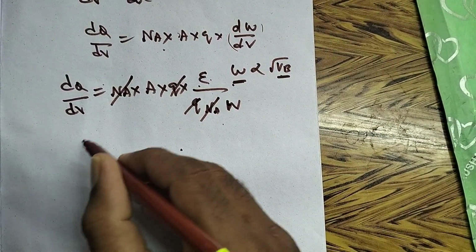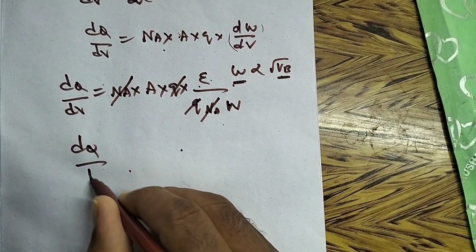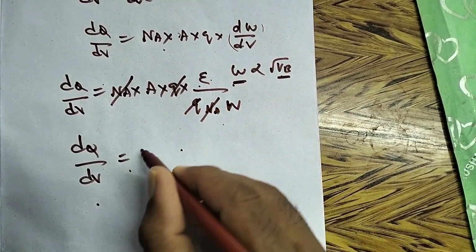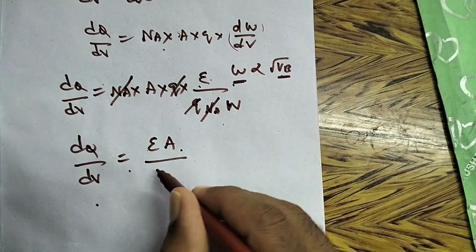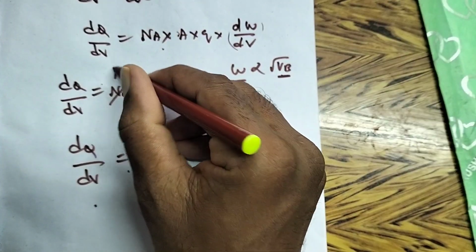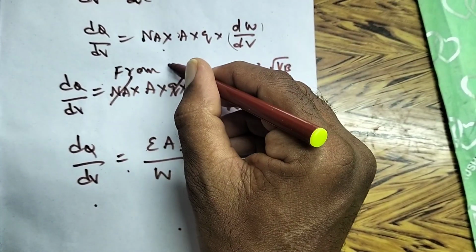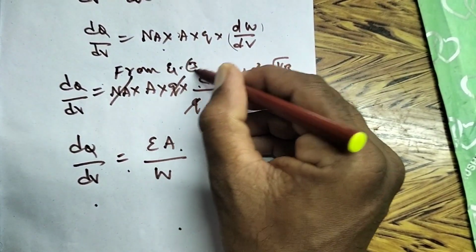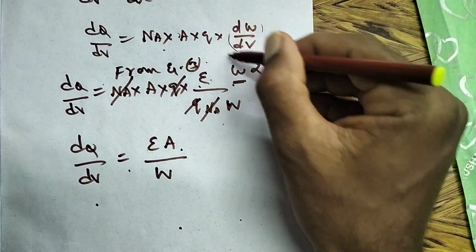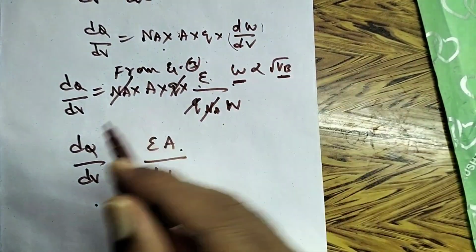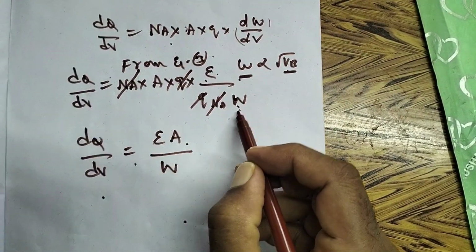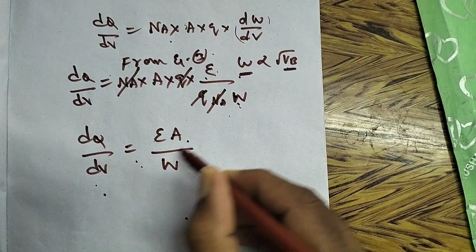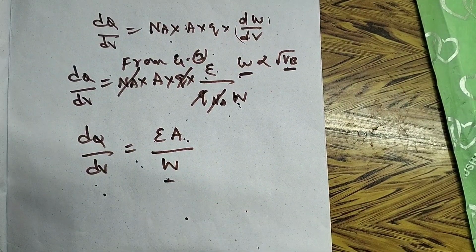What is the remaining equation? dQ by dV equal to epsilon into A divided by W. We need to change this value using equation 3, right? So after cancellation, the final equation is dQ by dV equal to epsilon A by W.